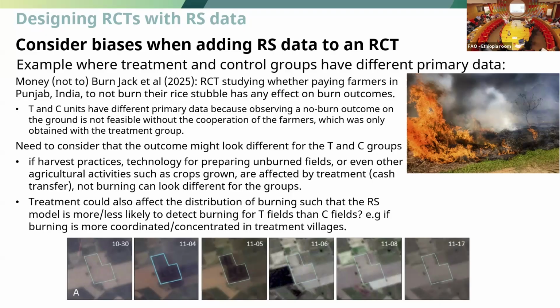And then on the 6th of November, it gets tilled. So with regular data, it's hard to see any difference after 2 days of burning. With Sentinel data using the mid-infrared bands, you can still pick up the burn signal, but within 4 or 5 days, you've completely lost the burn signal on these fields. So you can't tell the difference between a plot that was burned and tilled and a plot that was just tilled.